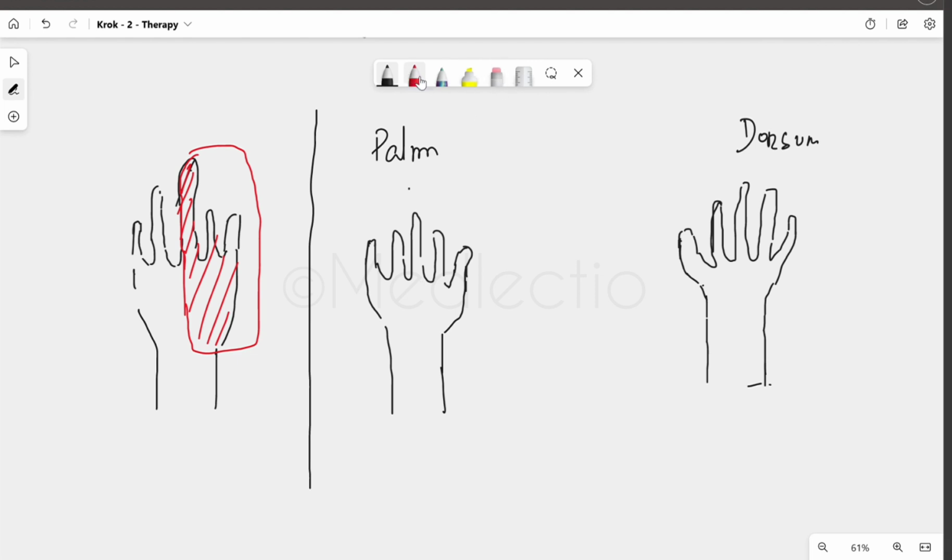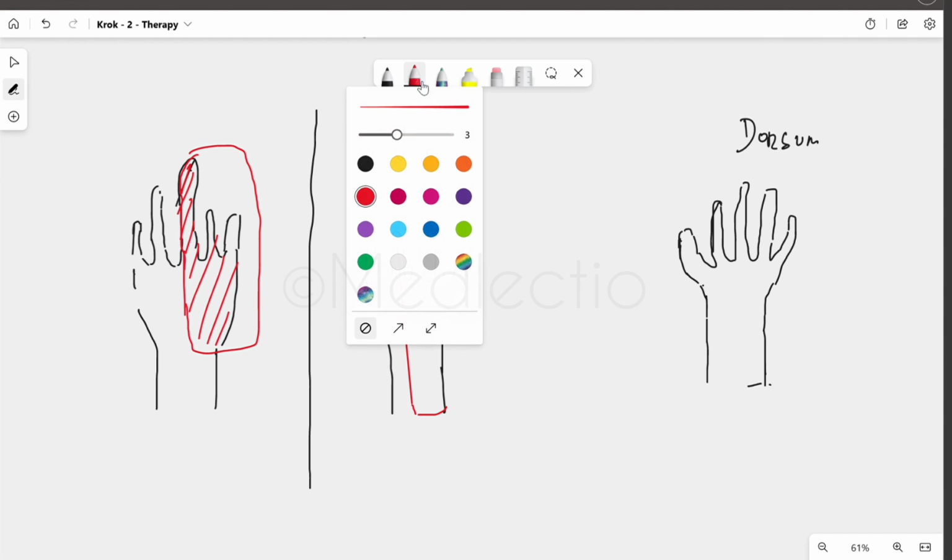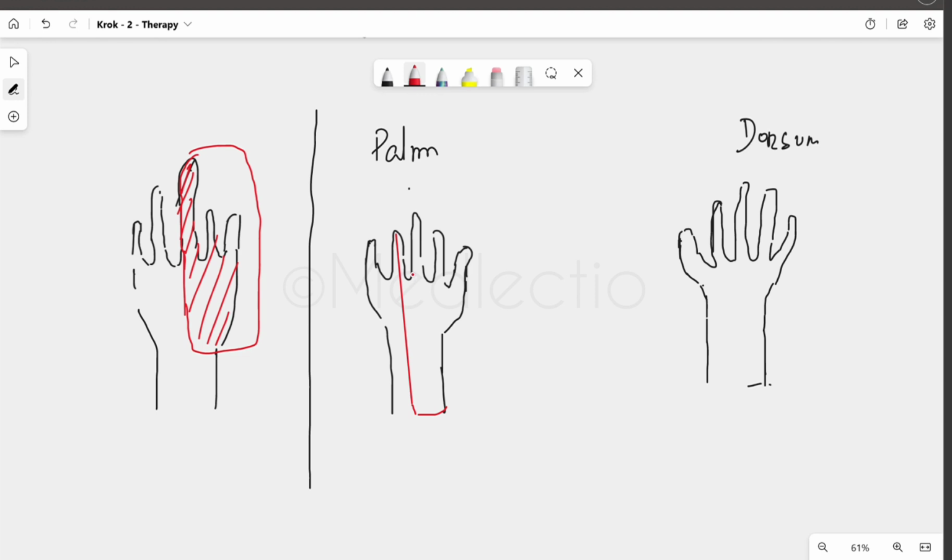Nerve supply in the palm side: the first 3 and a half fingers, this portion, is supplied by our median nerve.